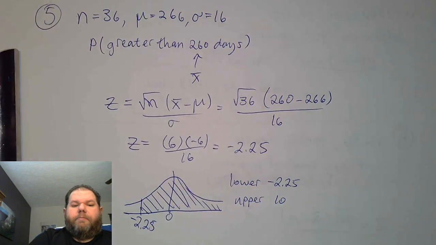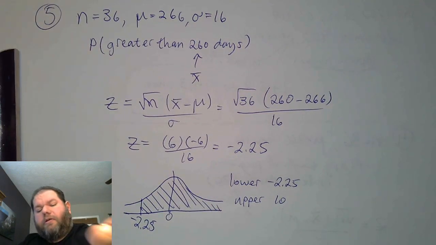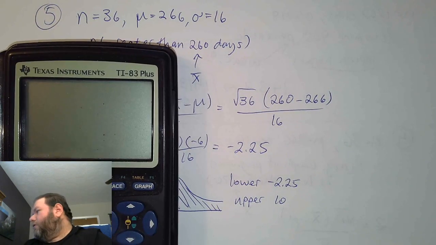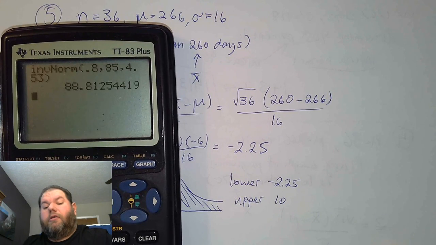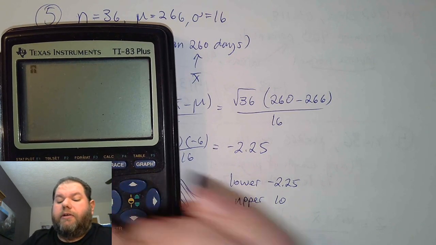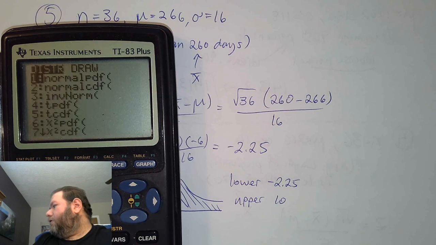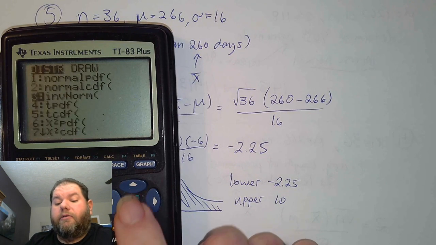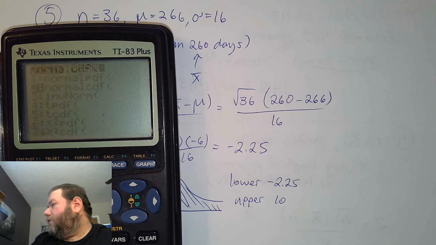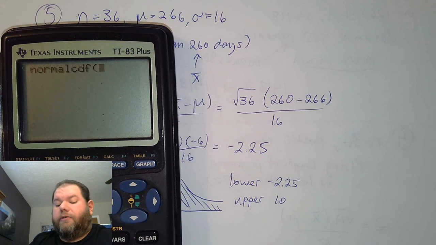Now, on the 83s, we go second and vars, and that gets us to our distribution. Arrow down to normal CDF, and we enter, we actually do our lower first, negative 2.25, comma, our upper 10, comma 0, comma 1.